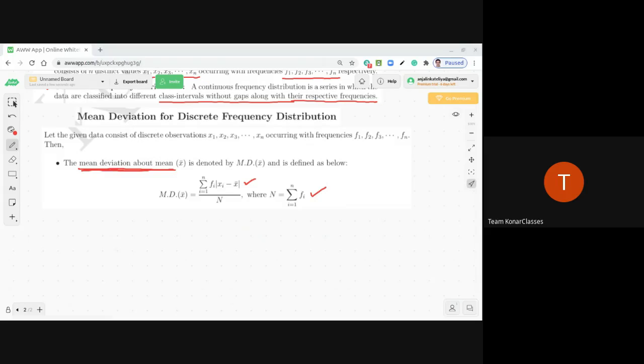In a similar manner, let me show you how we find the mean deviation about the median, dear students.